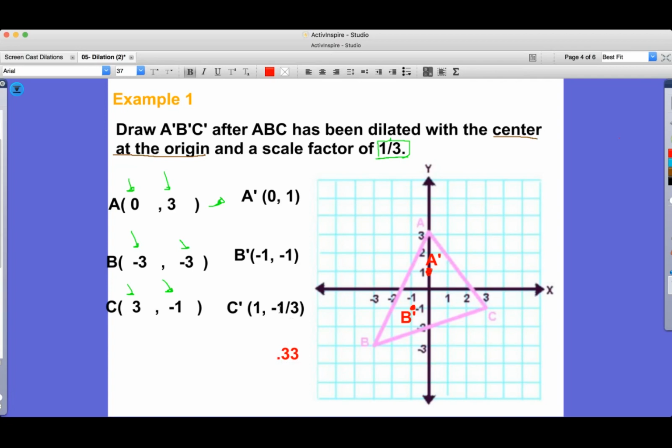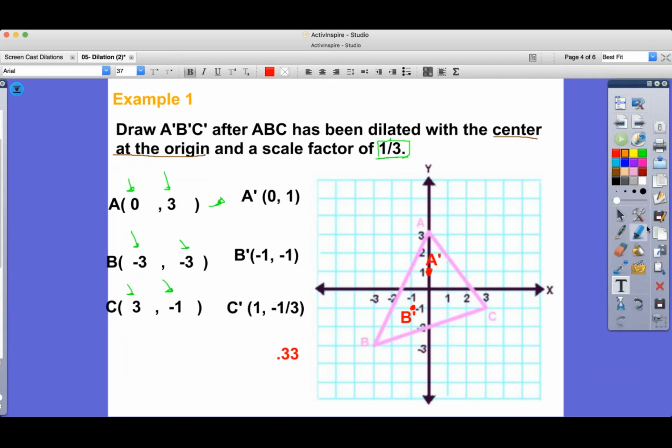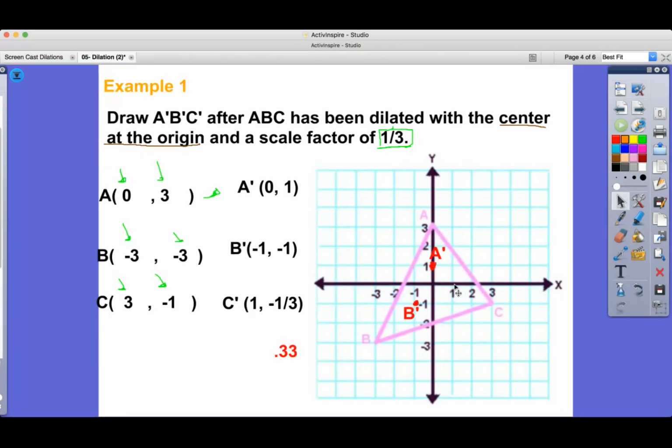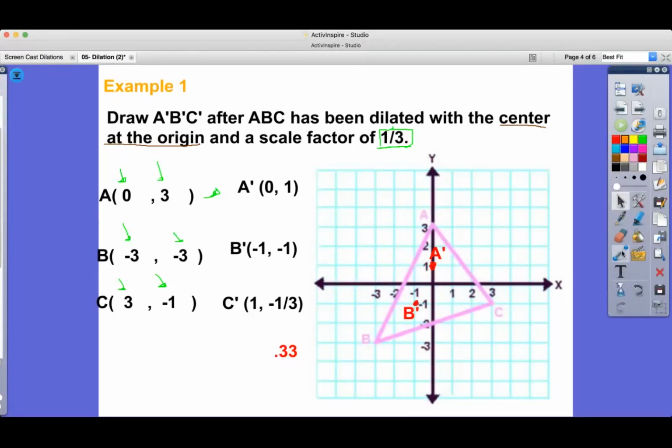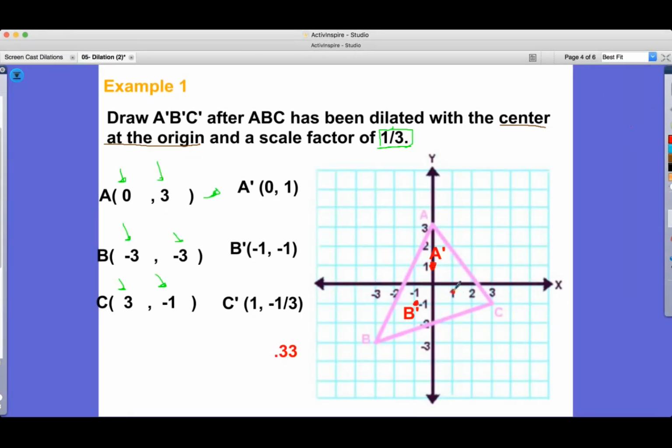So we're going to go to the right 1, and now we have to go down 0.33. We're going to have to estimate. So maybe here's 0.5, so 0.33 might be somewhere around there. Let me go ahead and write that somewhere right around there. It's an approximation. So that's going to be my C prime.